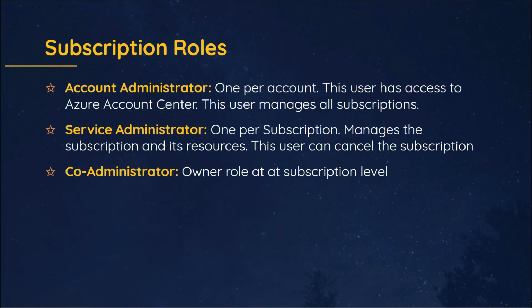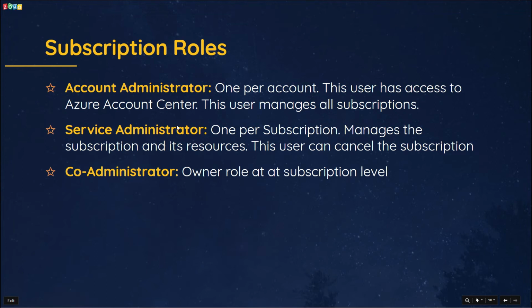All right. So we are having different subscription roles to manage and maintain these subscriptions. For example, account administrator, one per account. This user has access to Azure Account Center. This user manages all the subscriptions under one account. Service administrator.